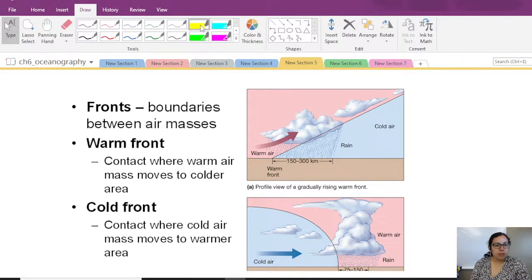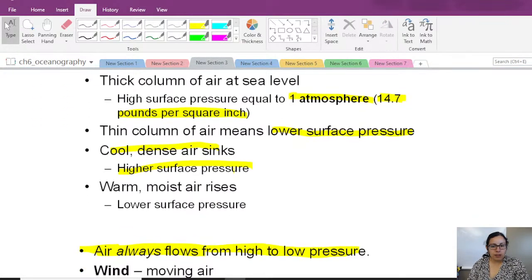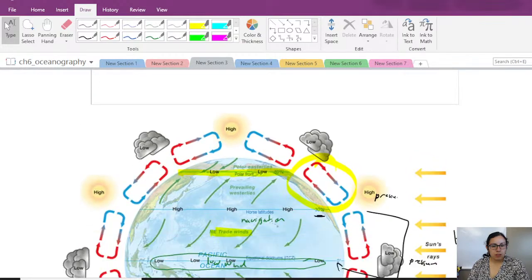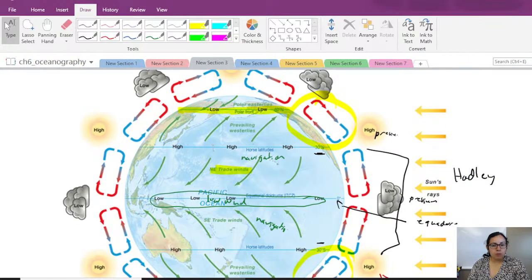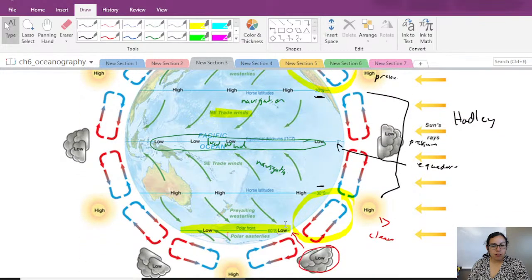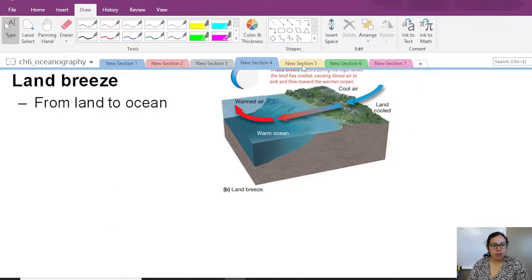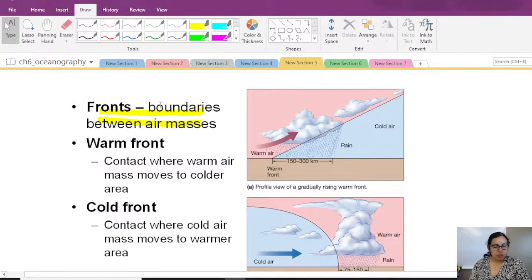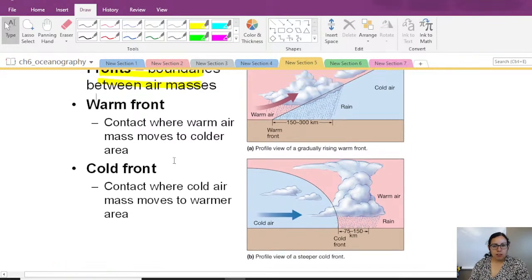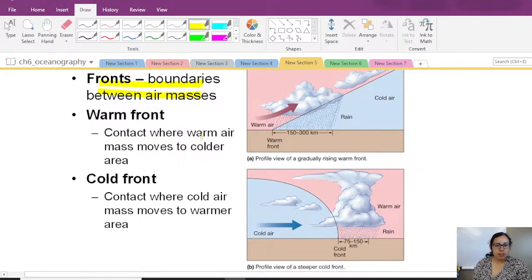And so fronts, we touched on that in our graph here, with our polar front. Anytime you have a front, that's your boundary between your air masses. You can have a warm front where warm air moves to a colder area.